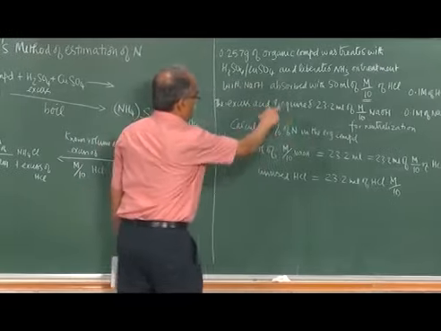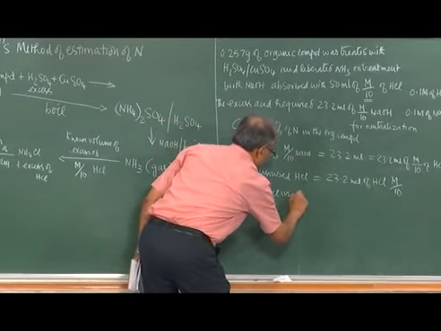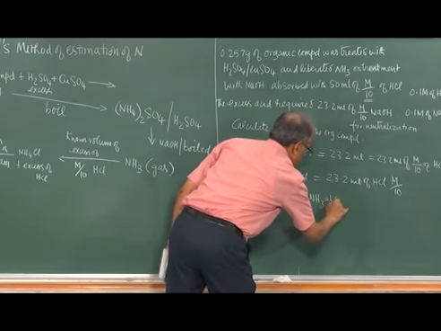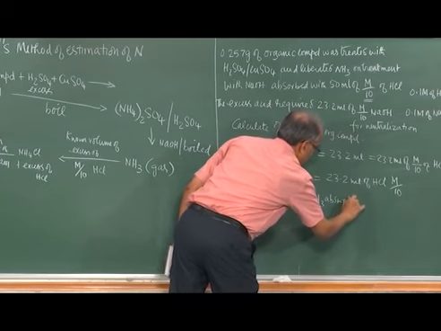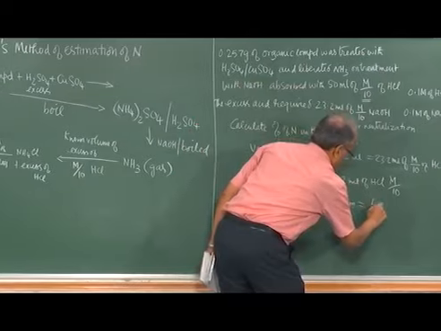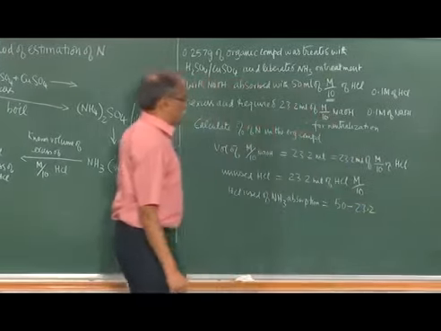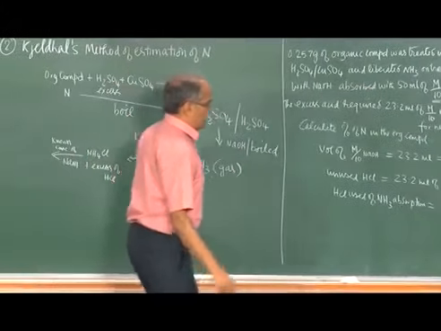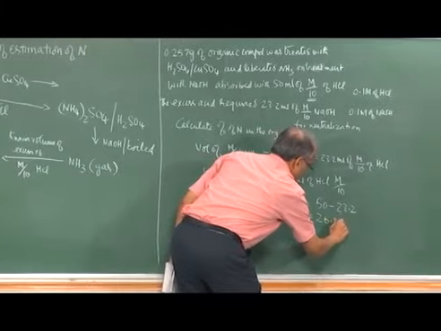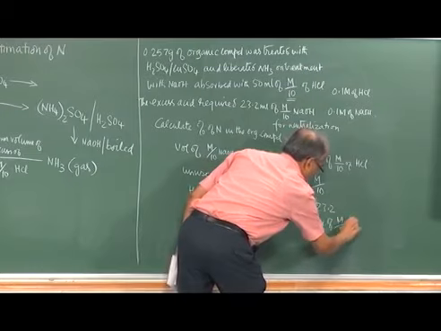So, the HCl used for absorbing the ammonia will be equal to, originally 50 milliliters were taken, 23.2 remained unreacted or in excess. So, that would correspond to essentially 26.8 ml of M/10 HCl.